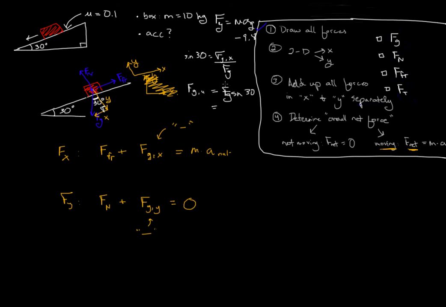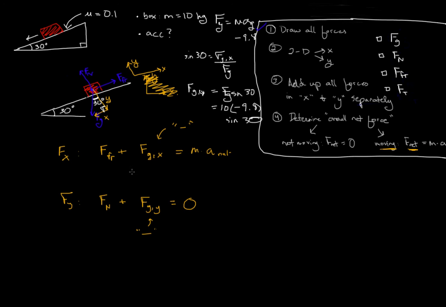So really, what is force due to gravity? It's the mass of the object, which is what? 10 kilograms. 10 times the acceleration due to gravity, which is negative 9.8 times sine of 30. That is your Fg comma x. So let's put that in here.